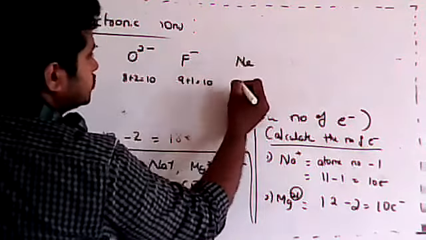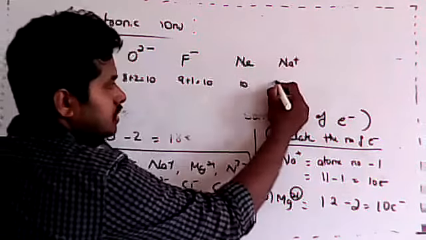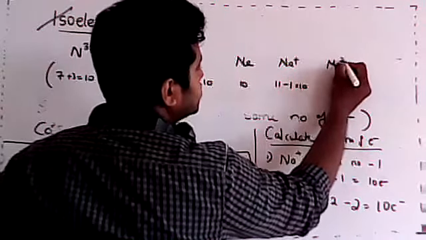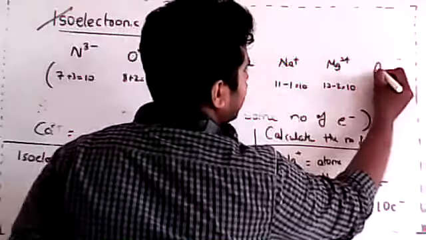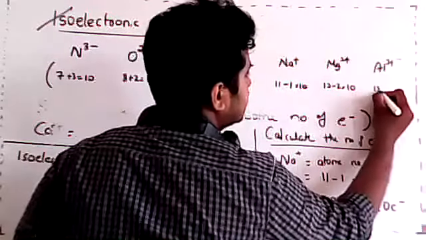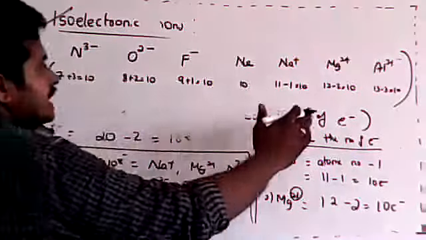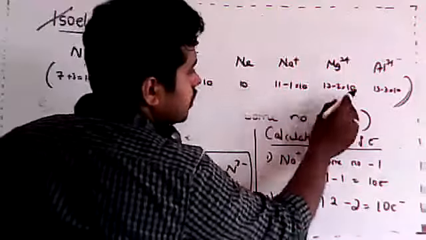Let's have this also, neon, 10. Sodium plus, 11 minus 1, which is also 10. Mg2 plus, 12 minus 2, which is again 10. Al3 plus, 13 minus 3, which is again 10. So are they isoelectronic species? Yes, because all contain the same number of electrons.